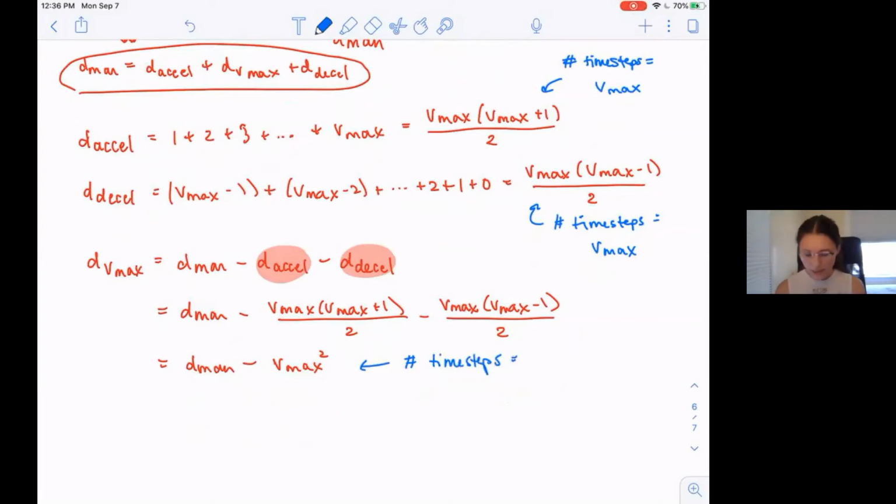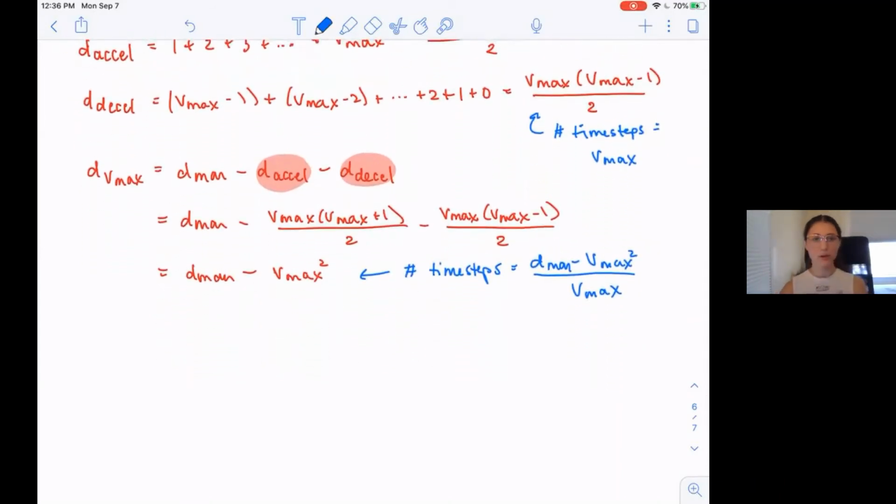Well, we can just take that length, this dv max, this distance we're going to be spending maxing out our velocity, and again, divide it by our max velocity to get that overall time. So we're just going to take d Manhattan minus v max squared over v max, just like we did in the prior heuristic.